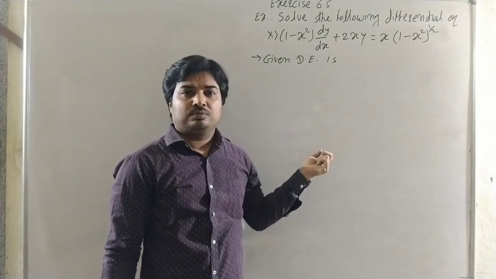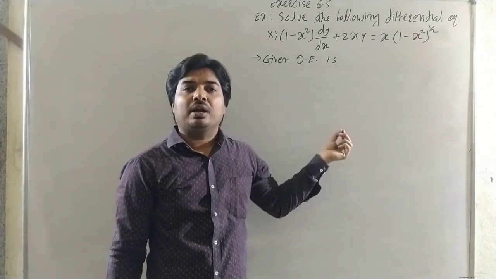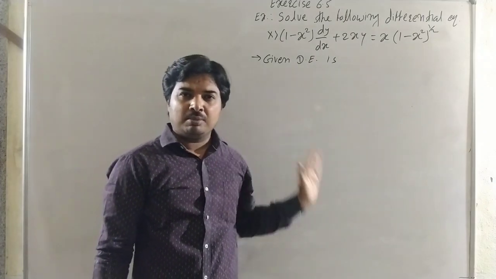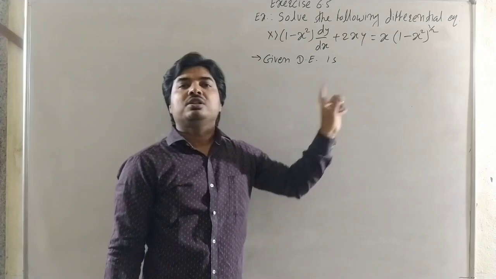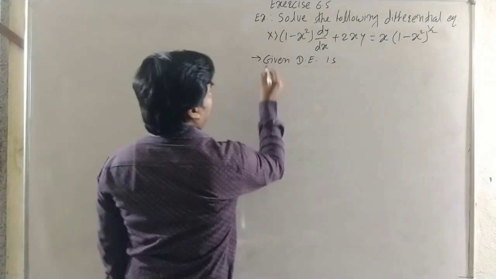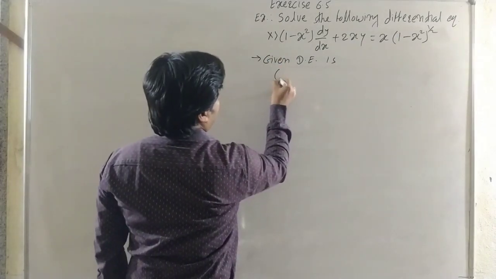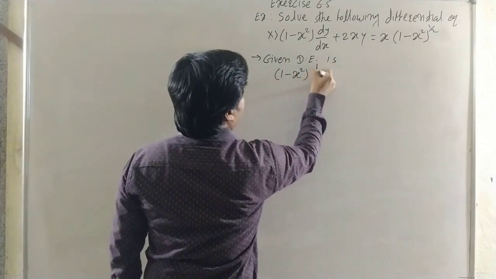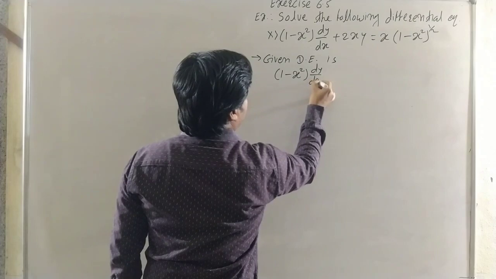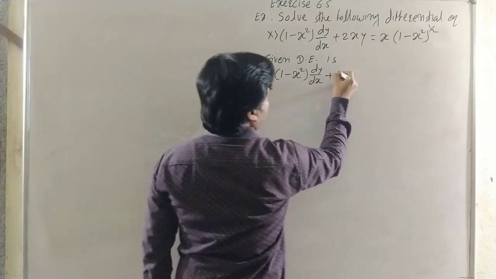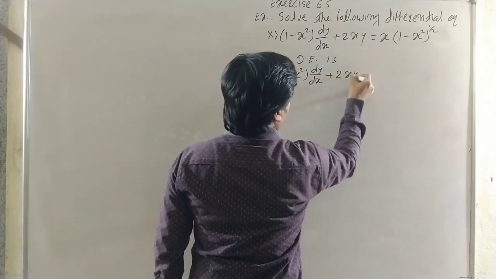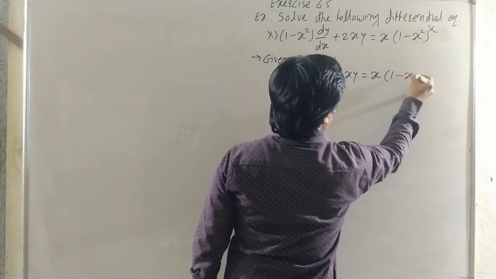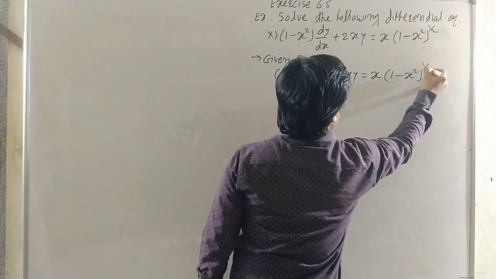So first write it in the form of a linear differential equation in y: dy by dx plus py is equal to q. The given differential equation is 1 minus x squared dy by dx plus 2xy is equal to x into 1 minus x squared to the power 1 by 2.